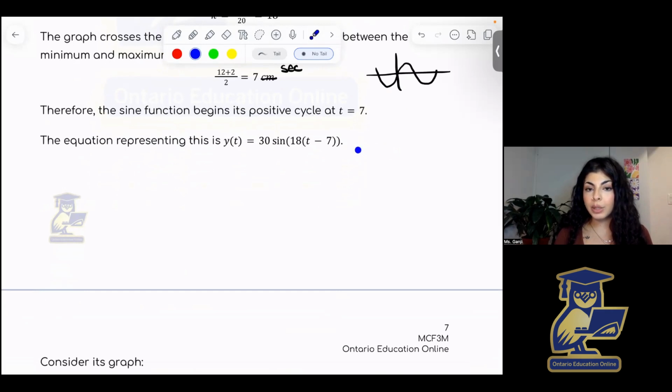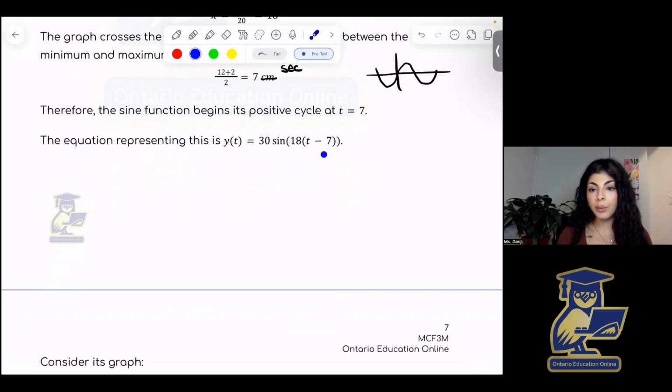Because the equation of the axis or the midline was 0, we don't have any vertical translation, so nothing here. But our input has a translation and a compression.